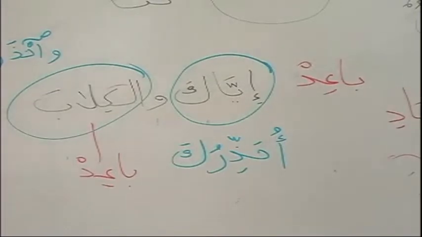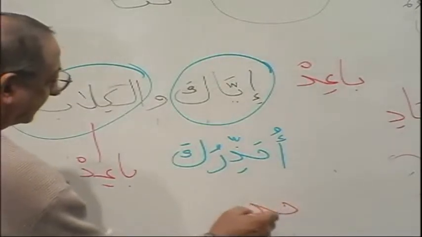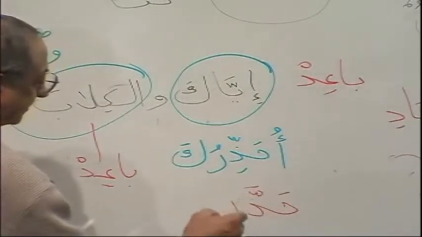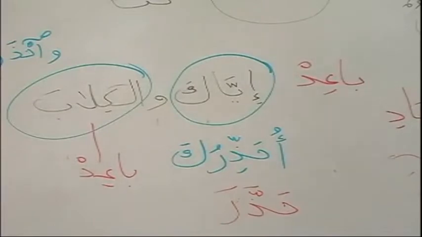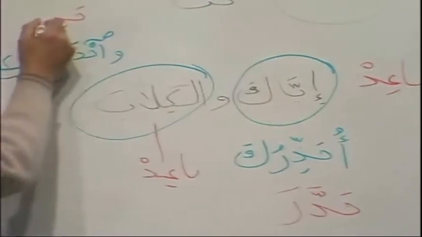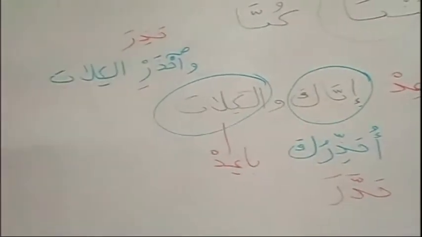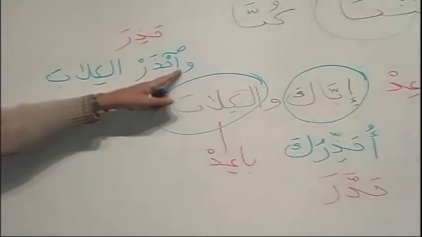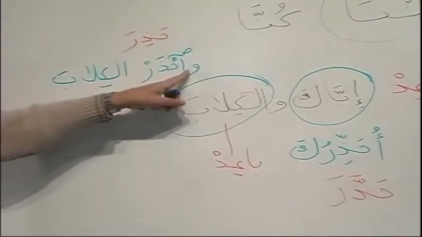Wahdhir. This came from Hazzara. Are you with me? And this is form 2, and this is from form 1. Huh? You see? Hamza of Amar.